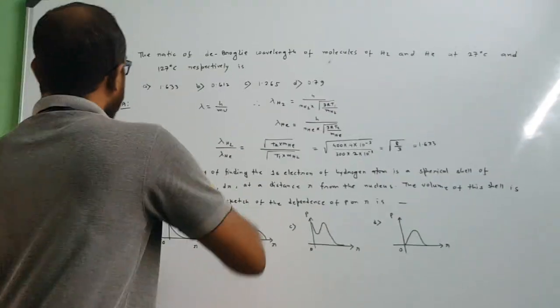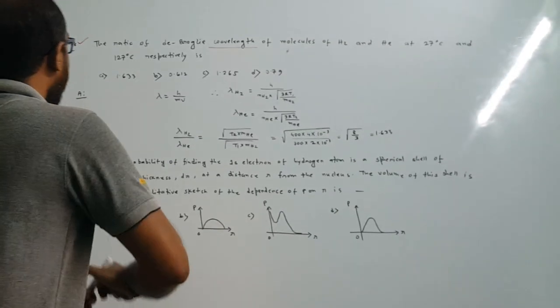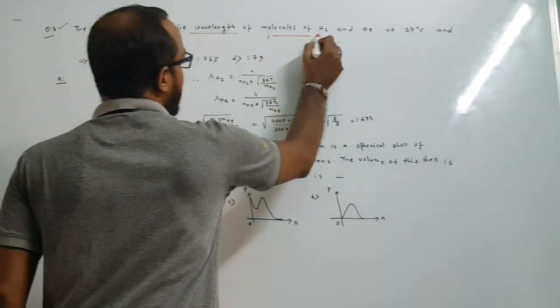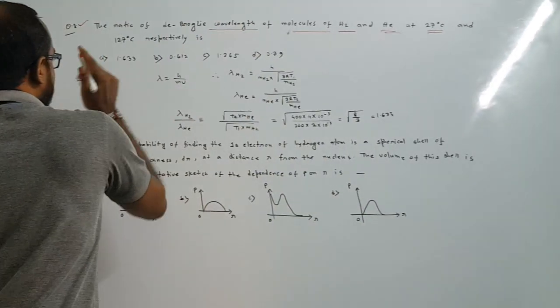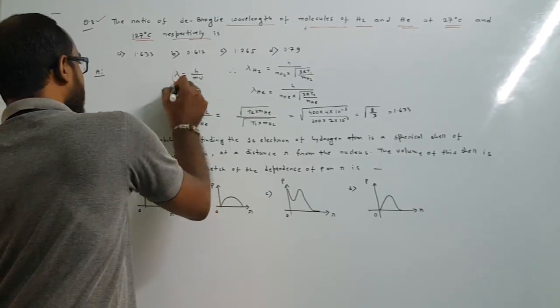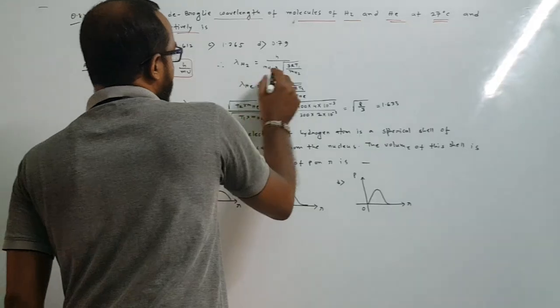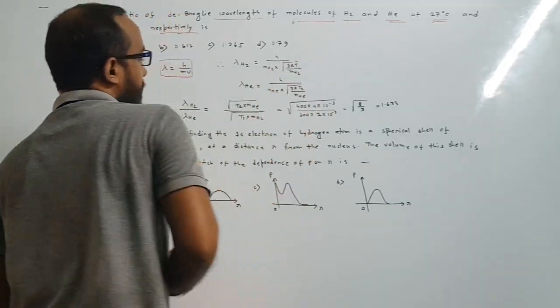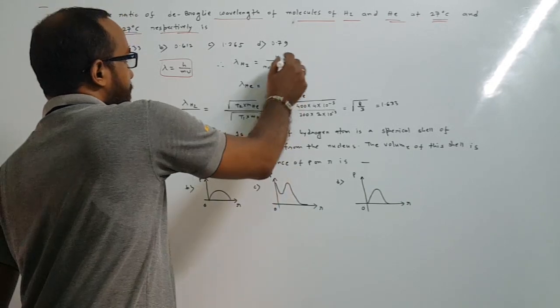So let us continue. The ratio of the de Broglie wavelength of molecules of hydrogen and helium at 27 degrees Celsius and 127 degrees Celsius respectively is. So see, lambda equals h by mv, we already know. You have to remember that v is root under 3RT by m, where R is the gas constant and T is temperature.